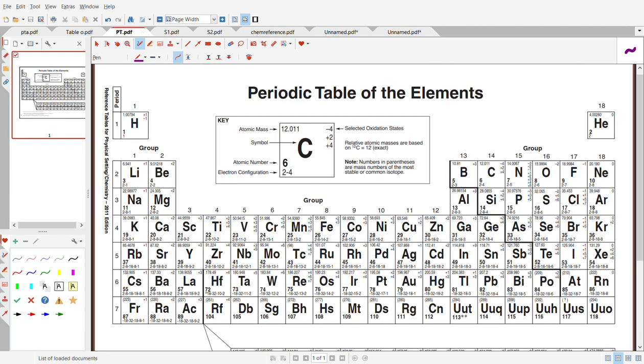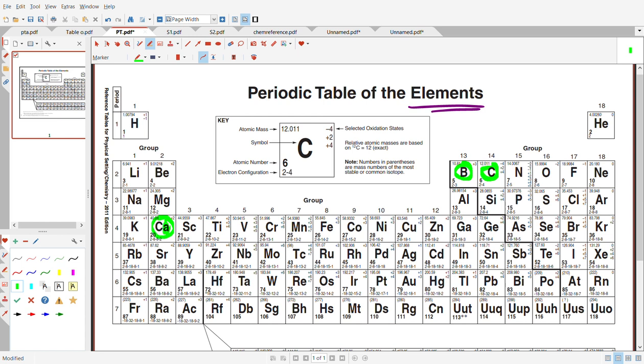Okay, if we go to the reference table, all of these symbols here are the elements. And if you notice, they are capital letters. So B represents boron, C represents carbon. And then if you notice, there's another element that has a C. So the second letter is always lowercase.